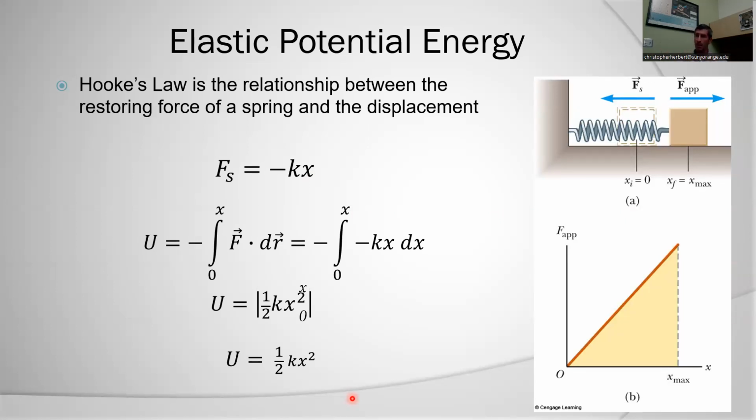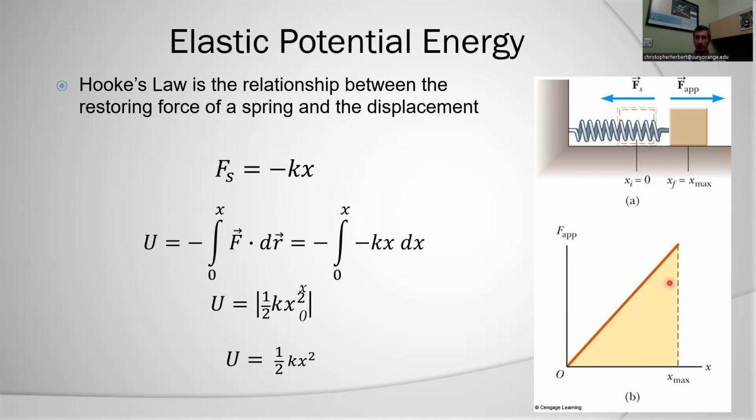So if the spring is unstretched, there's no potential energy. If I stretch it out and release it, that potential energy is going to be turned into kinetic energy. But we can see this in two different ways. We can see it by plugging Hooke's law into our expression for potential energy. We can also see this if I graph force as a function of displacement.